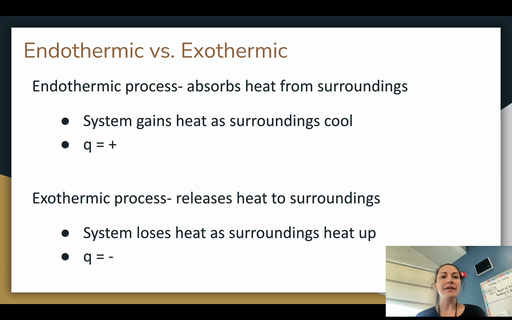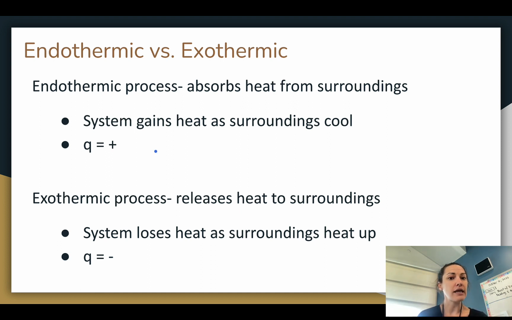So when we have heat transfers or changes, when heat goes from system to surroundings or otherwise, we have two words to call it. We call it endothermic and exothermic. In an endothermic process, heat is going to go from the surroundings into the system.